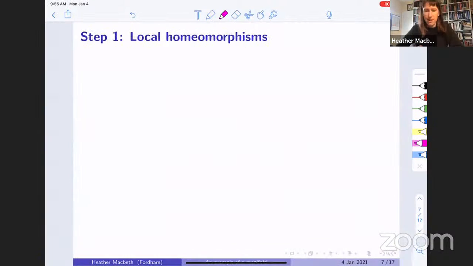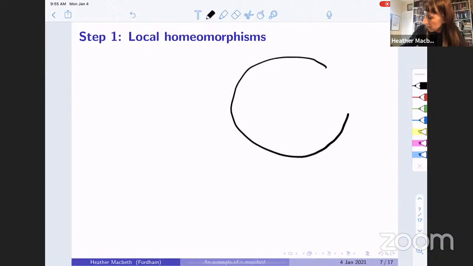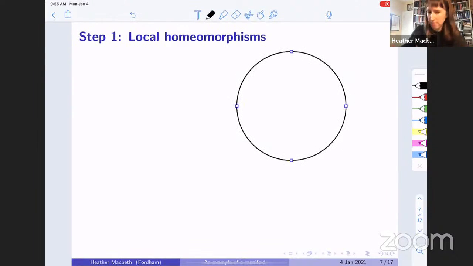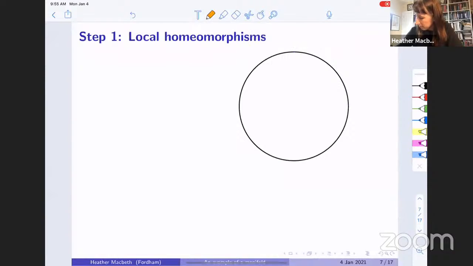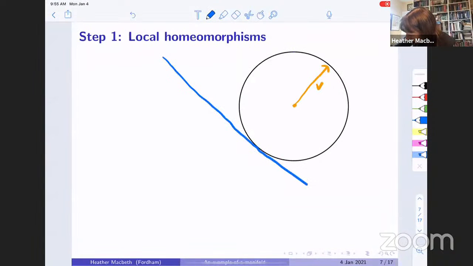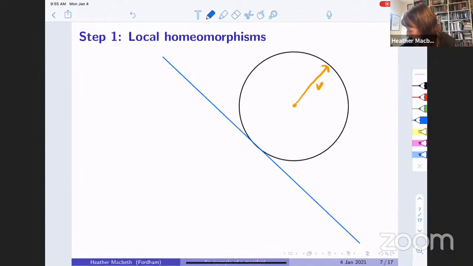And for that, let me draw a picture. So I'm going to use stereographic projection of the sphere. So let me draw a sphere. If I have a fixed vector v in my sphere, then I'm going to project onto the orthogonal complement of v. So here it is.